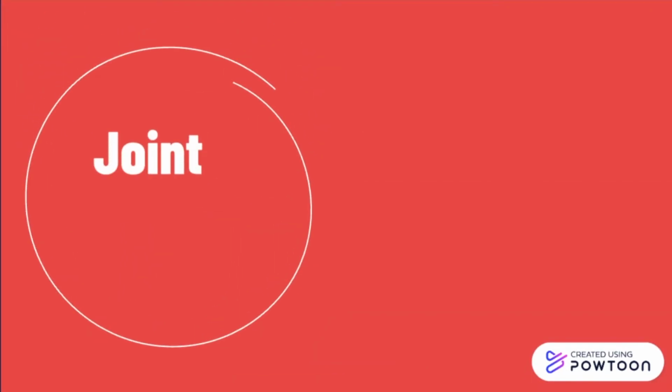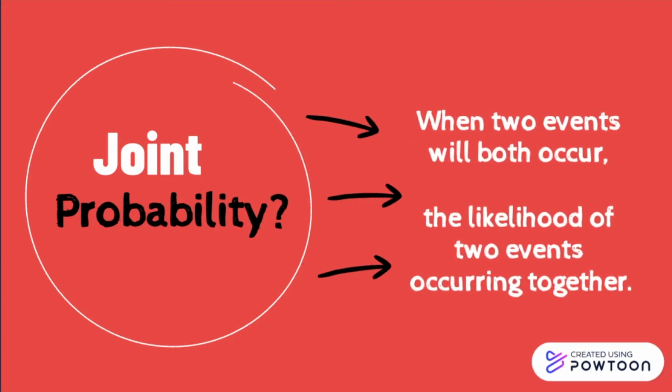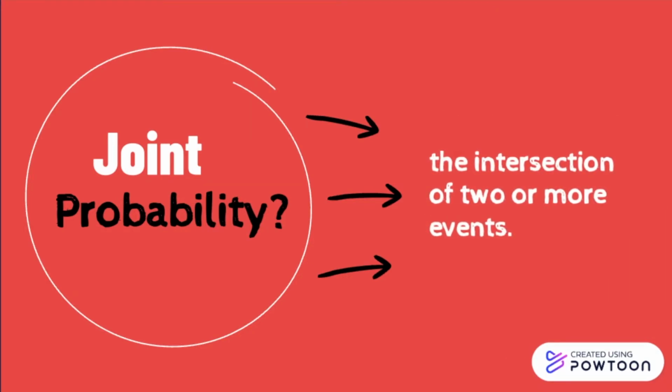Have you ever heard about joint probability? If not, joint probability is when two events will both occur. In other words, it is the likelihood of two events occurring together. It is also called the intersection of two or more events.